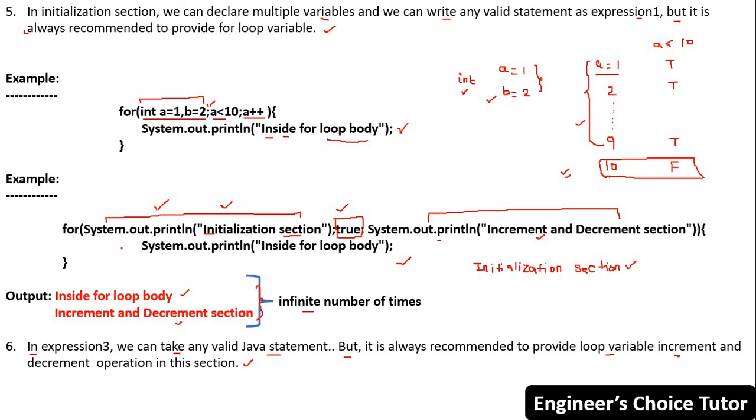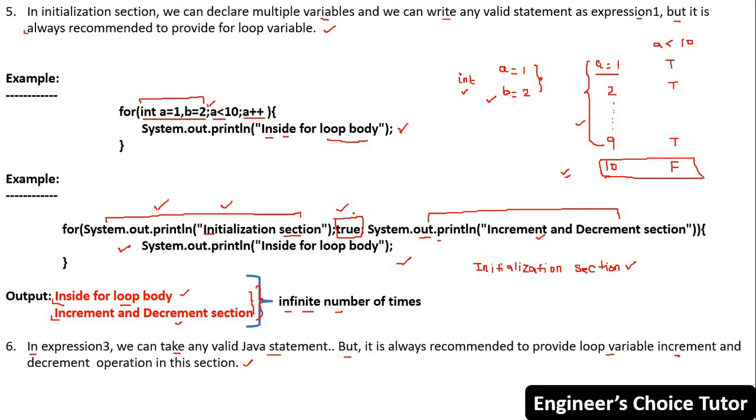The condition is true, so execute the for loop body. Then expression 3 will execute. Basically this is expression 3. So System.out.println, the increment and decrement section, will come in the output, and these two things are going to come an infinite number of times.